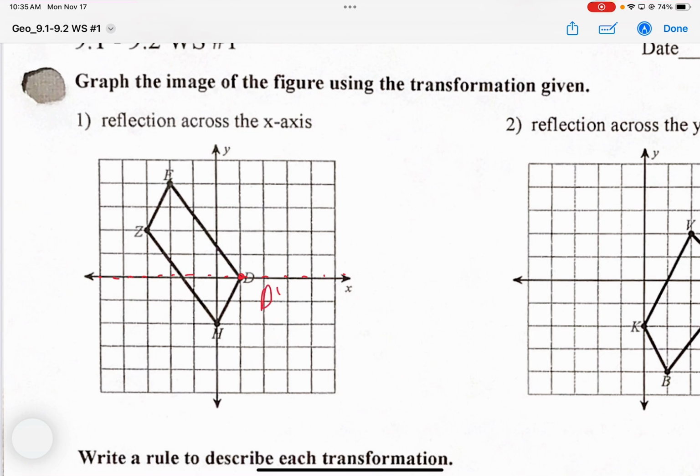So I'm just going to call this D prime. What about H, down here? Right now it's down 2 units from that line, so it'd be up 2 units. So this is where my H prime would be. And then Z is a distance of 2 away from here. So if I go 2 in the opposite direction, Z prime is there.